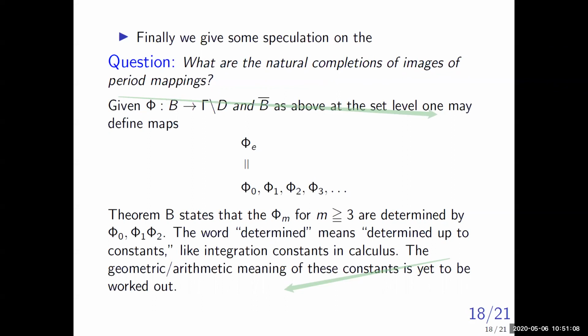I say toroidal for the following reason: if you look at phi 2, what phi 2 maps the fibers of phi 1 to is products of C stars. The simplest example here, I'll just describe it verbally, is a family of curves of genus 2. Sort of the first interesting example you come to.